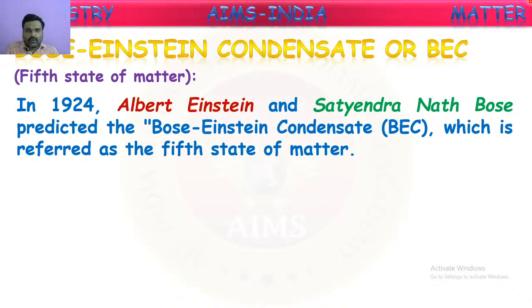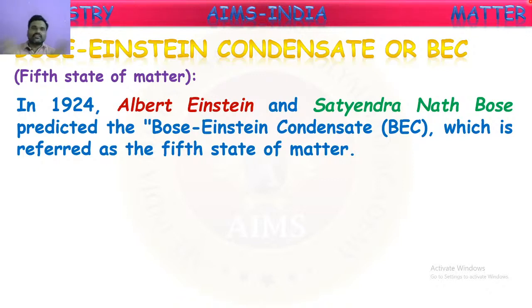In 1924, Albert Einstein and Satyendranath Bose predicted the Bose-Einstein condensate, or BEC, which is referred to as the fifth state of matter. We said while discussing the fourth state of matter, when we heat gas to very high temperature, that converts into ionized ions and electrons that coexist. That phase we call plasma.